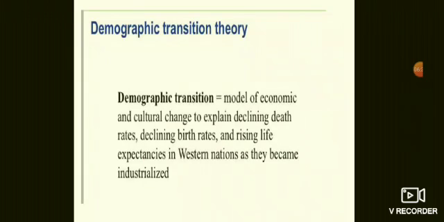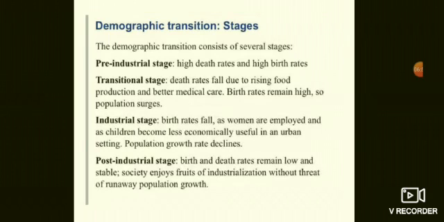Now the next is demographic transition, or demographic transition theory. It is the model of economic and cultural change to explain declining death rates, declining birth rates, and rising life expectancy in Western nations as they became industrialized.